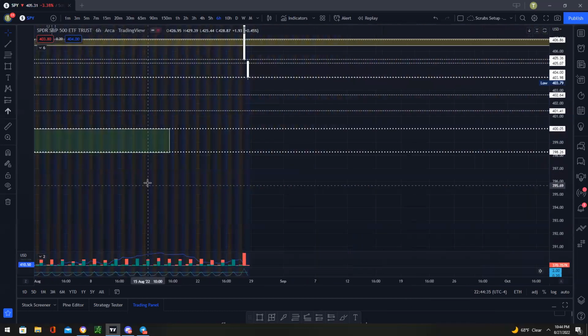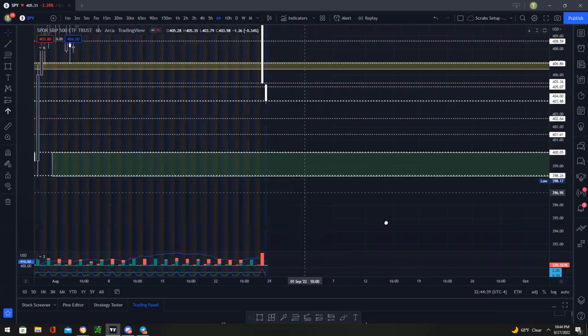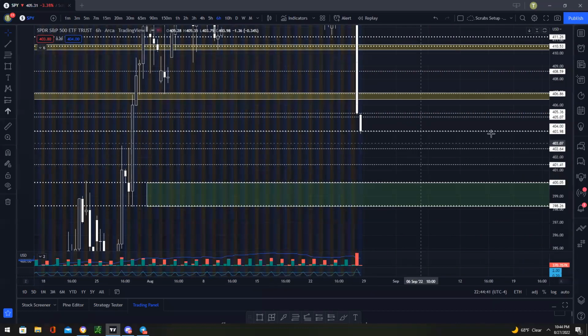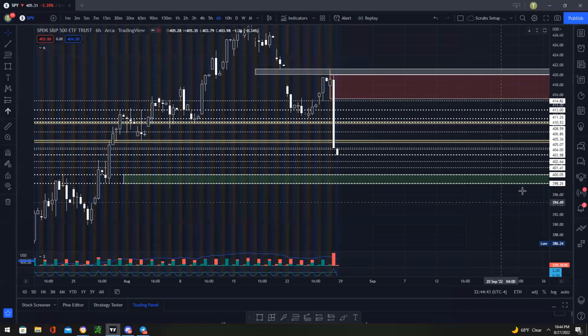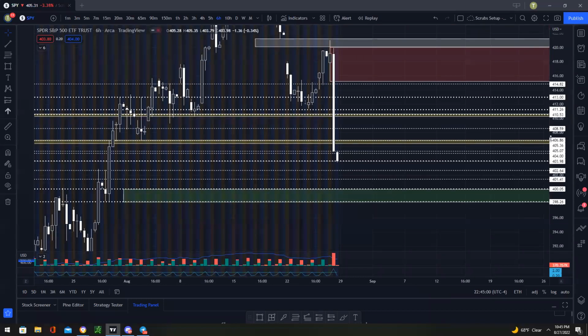This makes sense, right? Clearly, participants are willing to defend this $400 region. Makes perfect sense. So now we know where our major targets are. If we break below 404, we can go down to 400. If we break above 407, we have 408.50, we have 410.50, 413, 415, and then so forth and so forth.